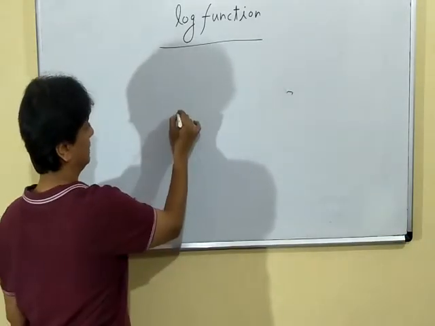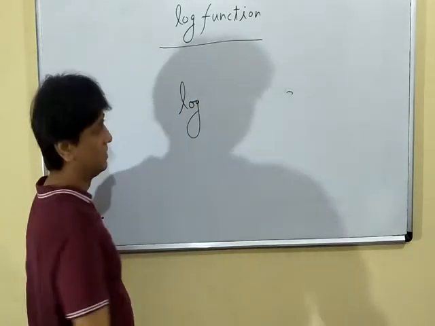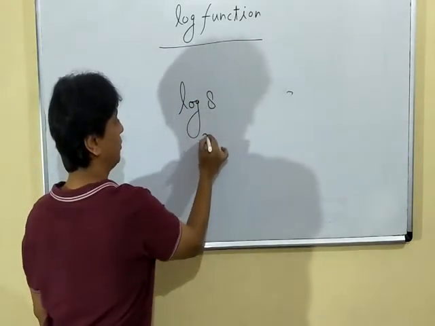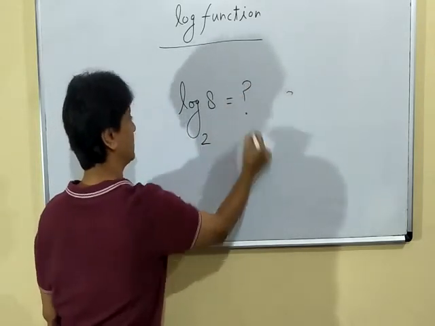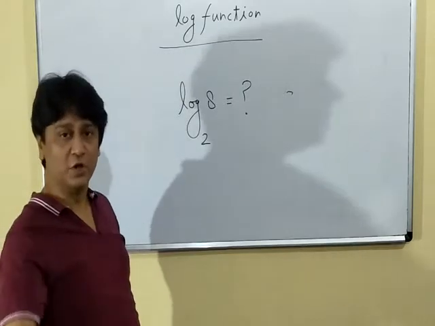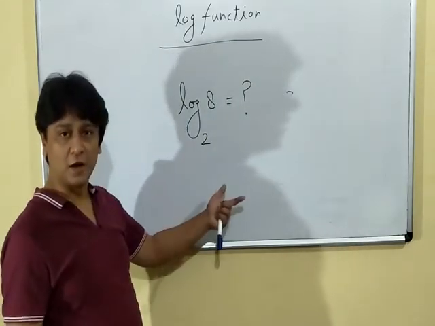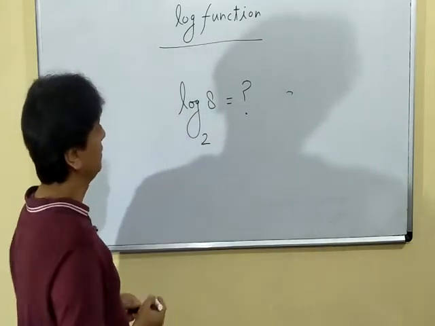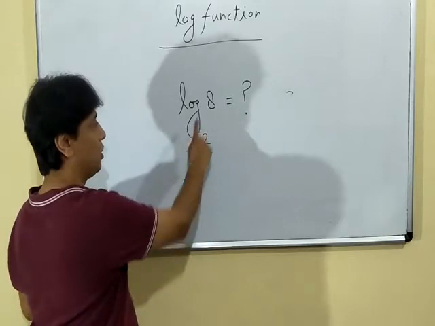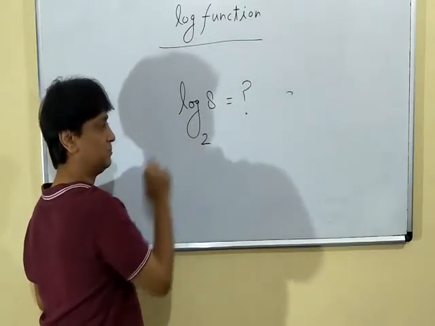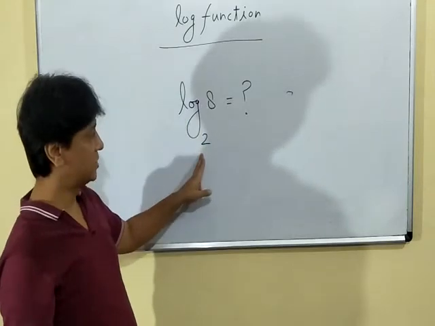Suppose we have been given log of 8 on base 2 and they ask us what's the value of this. Well, you already know this, लेकिन यहाँ हम इसको रीड करने की जगह अपने दिमाग में फिट करते हैं कि किस तरह से लॉग को आप सॉल्व करेंगे. Log of 8 on base 2. The way you read it is log of 8 on base 2.